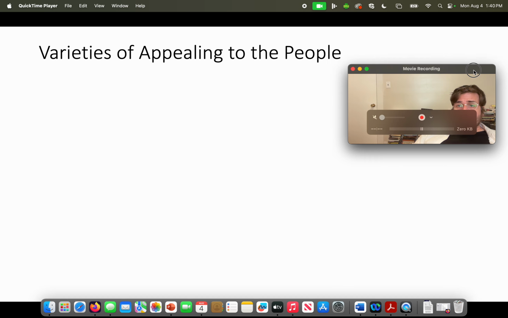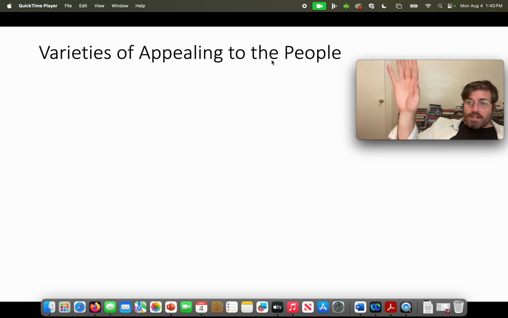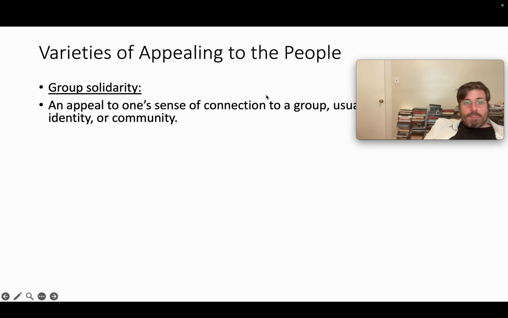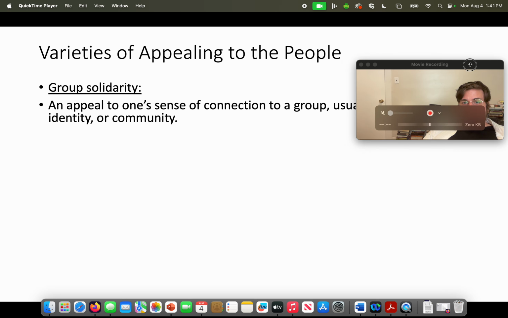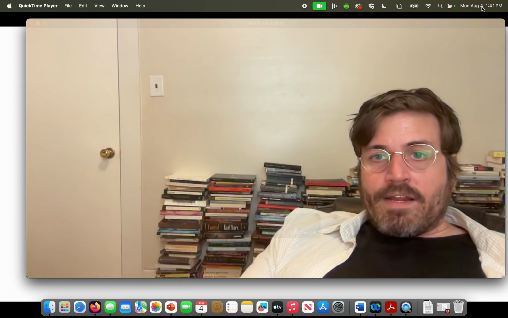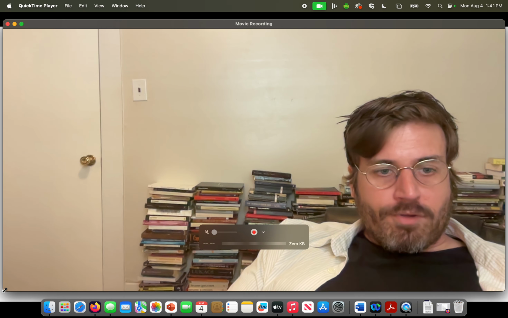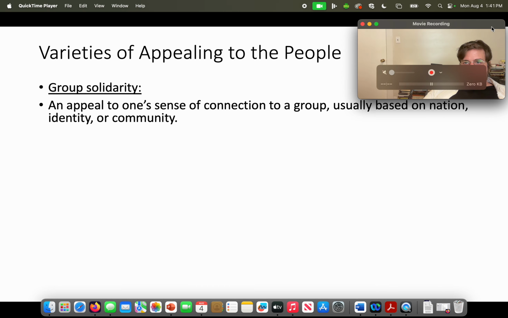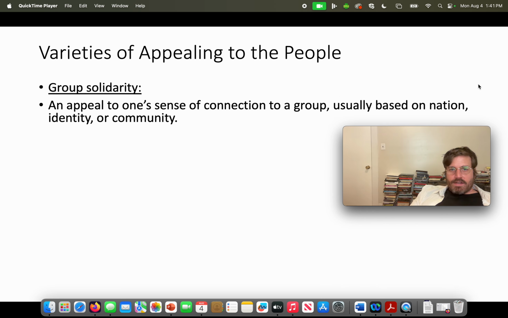There are different kinds of appealing to the people out there, different flavors, as it were, or varieties that we should be aware of. We have what's called group solidarity. Group solidarity refers to the idea that we should believe in a claim because it's connected up with a sympathetic group.